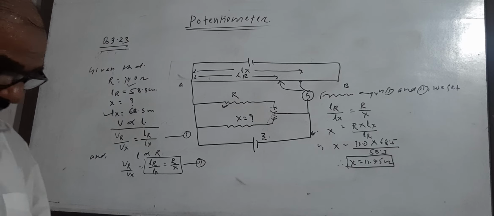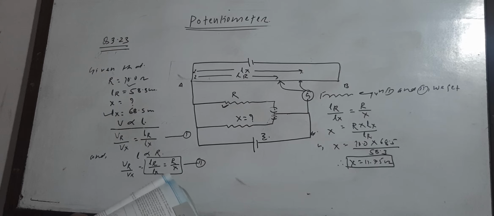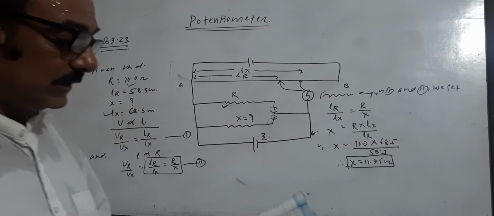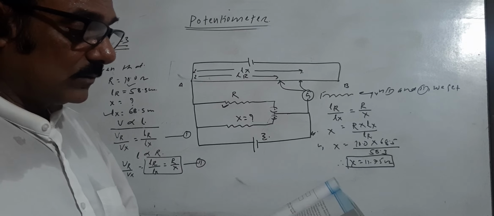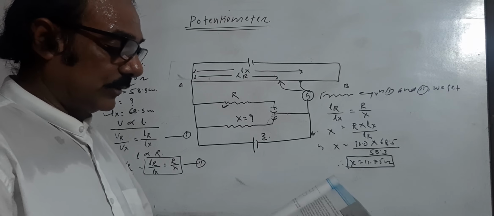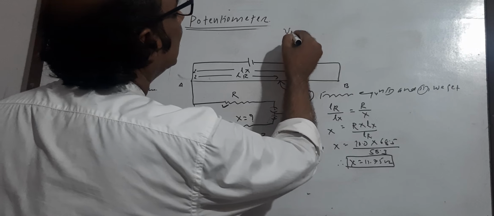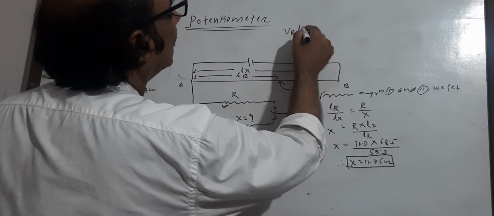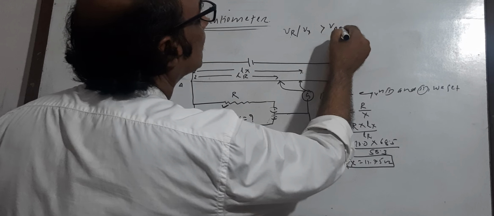Now come to the last part of question 3.23. The second part is what might you do if you fail to find the balancing point. The balancing point cannot be obtained when voltage across R or voltage across X is greater than the voltage across AB.